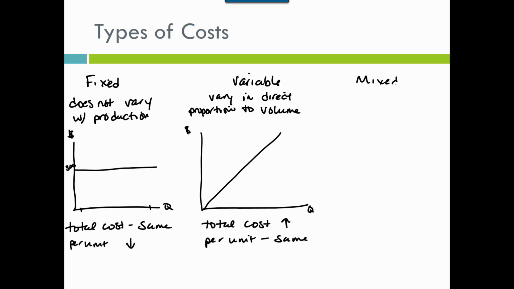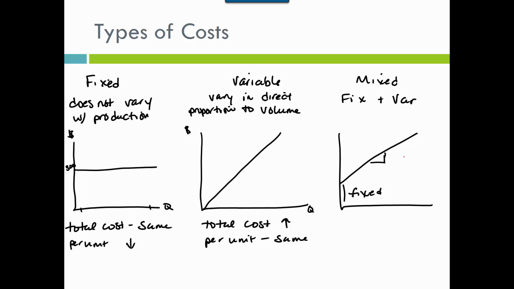And then we have mixed costs. These are ones that have a fixed component plus a variable component. So they would look like this. I'd start out here, and so this much here is the fixed component, and then this shows you the variable. And with both of these, the slope of the line actually tells you the variable cost per unit.